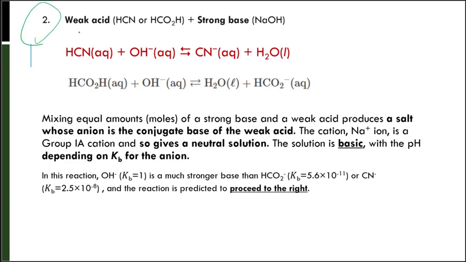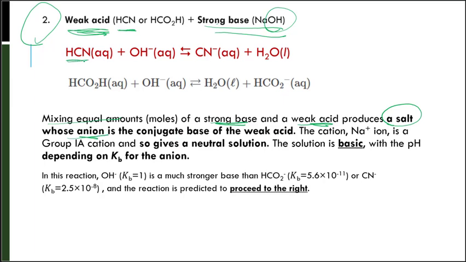The second type is if I have a weak acid, like hydrocyanic acid or formic acid, and a strong base. How do we know if it's a weak acid? Well, it's not a strong acid, and it has a Ka value associated with it in our chart. Strong base, we know, is a hydroxide. So if I mix equal amounts of a strong base and that weak acid, it will produce a salt whose anion is the conjugate base of the weak acid.